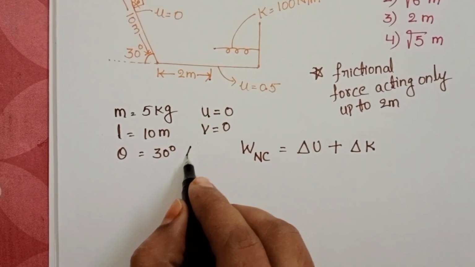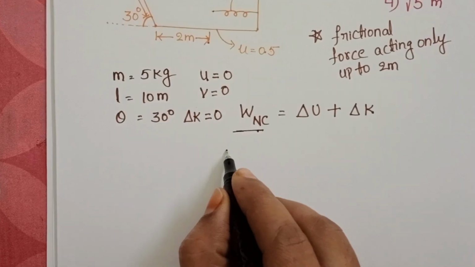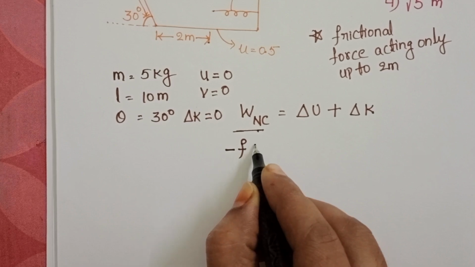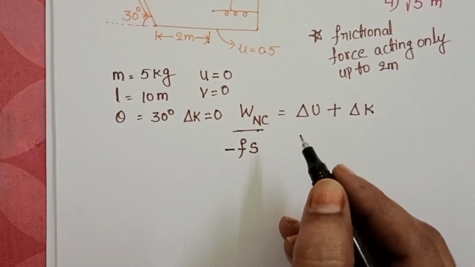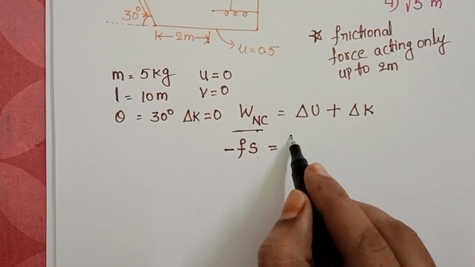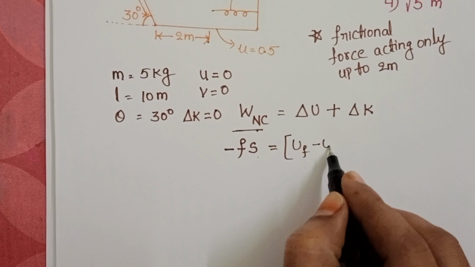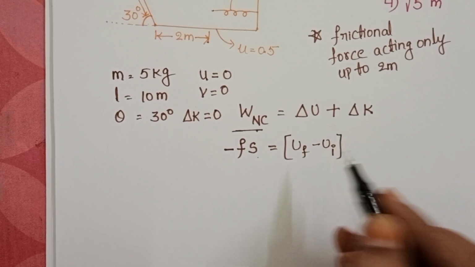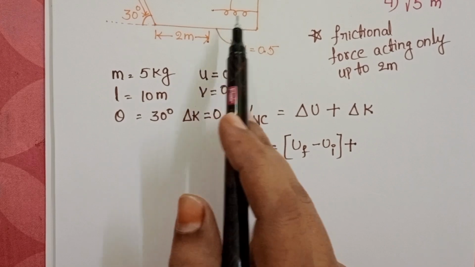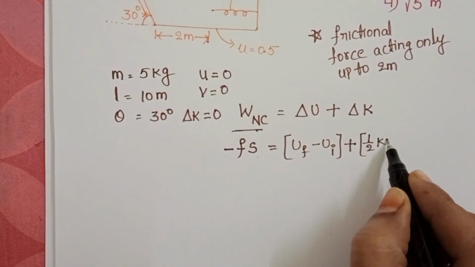Then what about the change in kinetic energy? 0. Work done by the frictional force is negative: minus frictional force into distance travelled by the block. Minus Fs equals change in potential energy, final potential energy minus initial potential energy, plus also energy stored in the spring, half k x square.